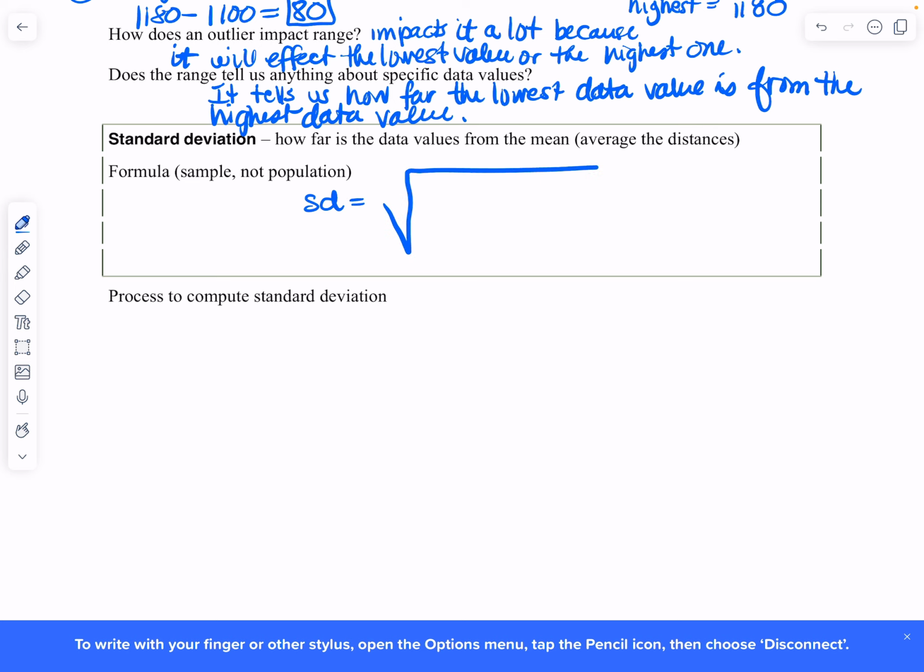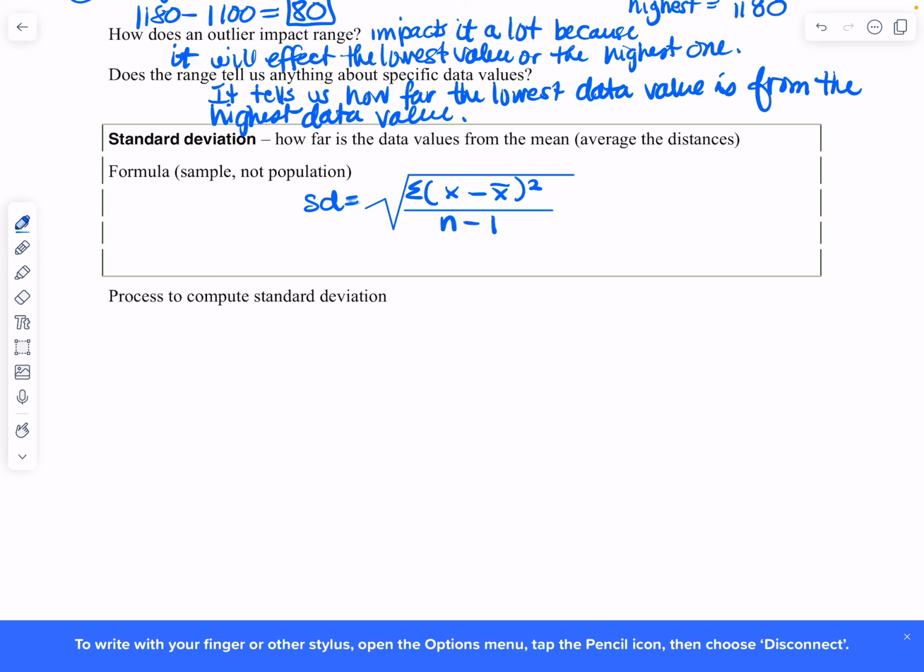Now we have a square root value in here. Let me try that again, I'm trying to make it nice and neat for you. I just have to slow down. There we go. So underneath the square root, we have sigma (x minus x bar) squared, all over n minus 1.